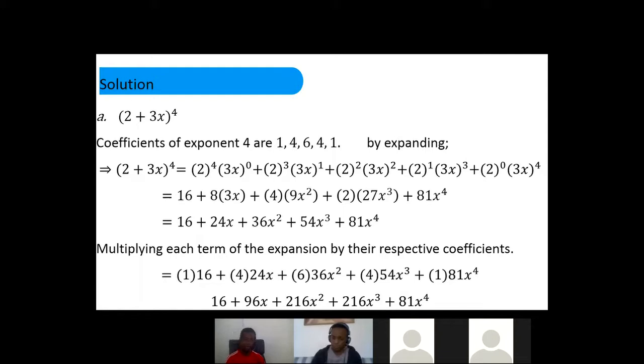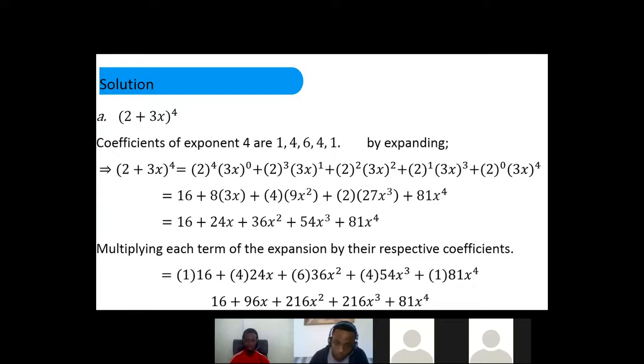And this is how we expand using the Pascal's triangle. First of all, you multiply the two terms. So the terms here are 2 and 3x. They're the two terms in the binomial.